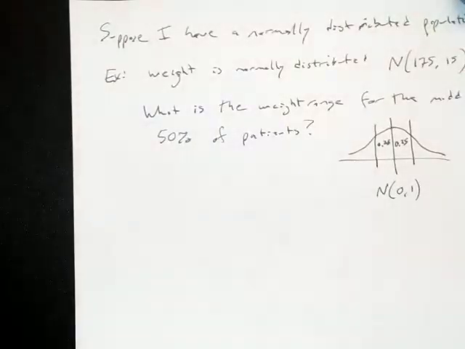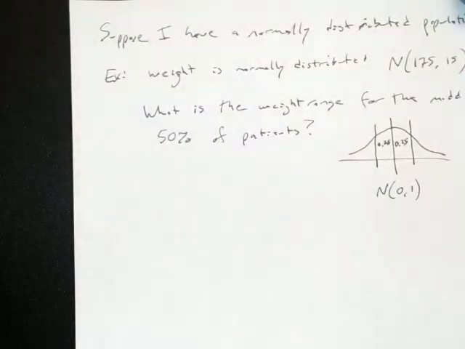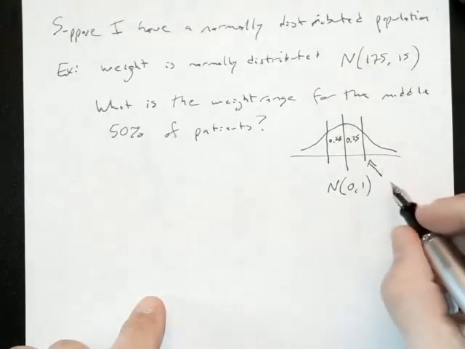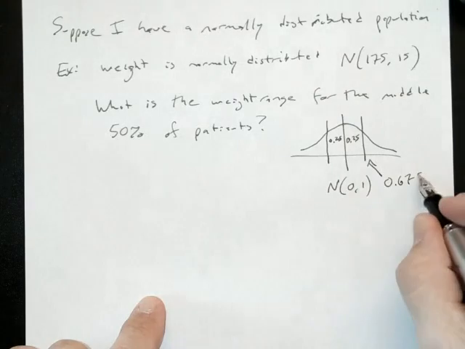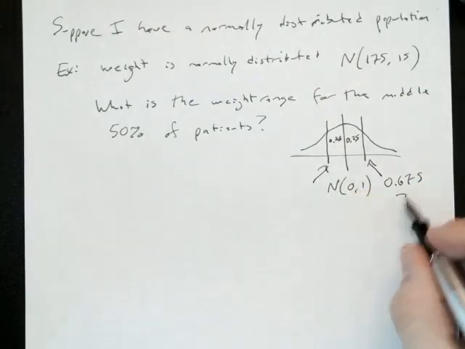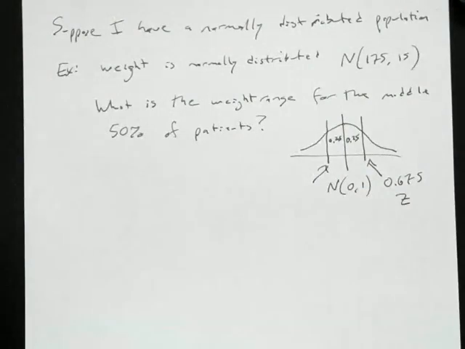But now I know on here that this Z should be 0.675. What's that one? Oh, I'm going to write Z next to that so I remember that's a Z score. What about the left one? Just negative, because it's the same on the left as it is on the right.